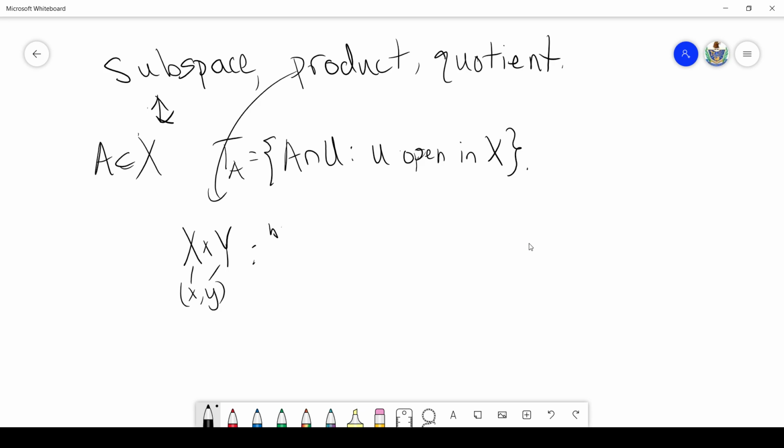Again, really what we're talking about here is a basis of the sets U times V, where of course U is open in X and V is open in Y.